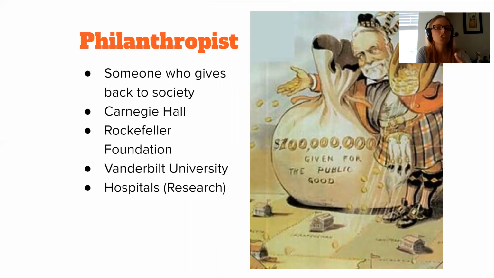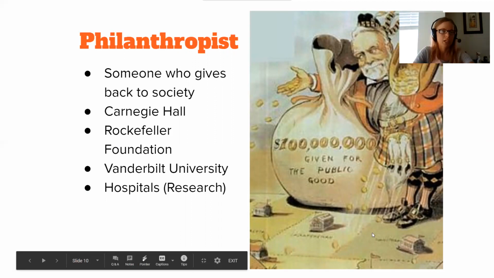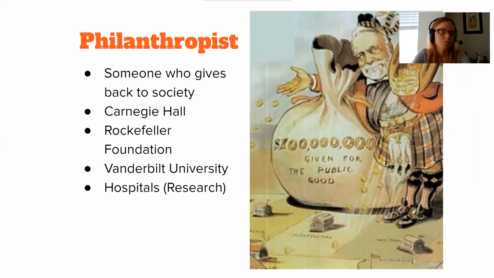But he was a voracious reader. He loved to read everything he could get his hands on. And so he really credited that with his success in rising up to where he became one of the richest men in the world, because he was self-taught, because he had access to books. So he wanted to make sure that other poor children also had access to knowledge and education and reading. So remember, Andrew Carnegie kind of looks like Santa Claus with those books.